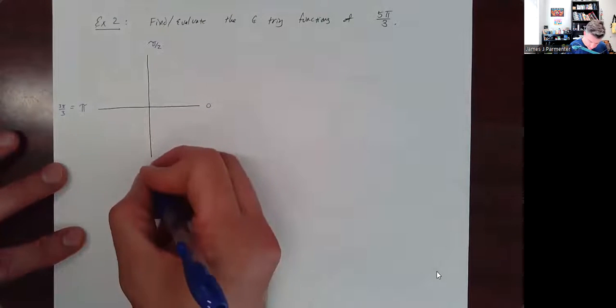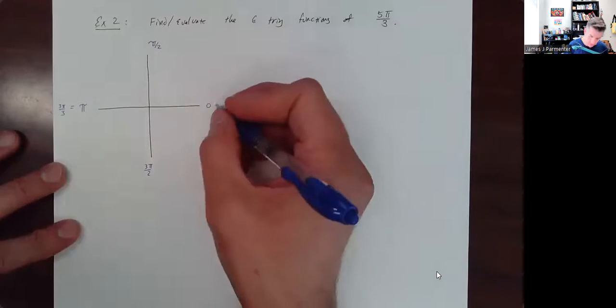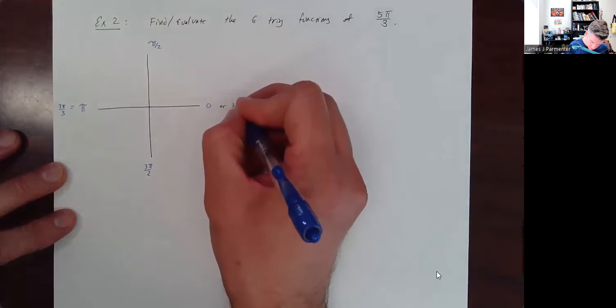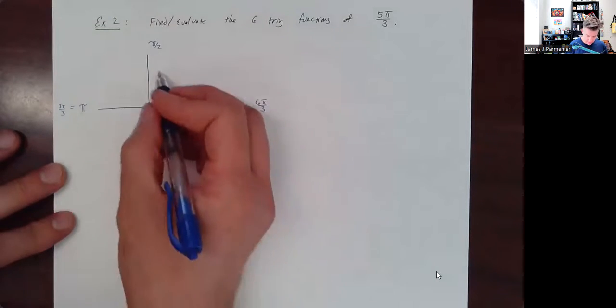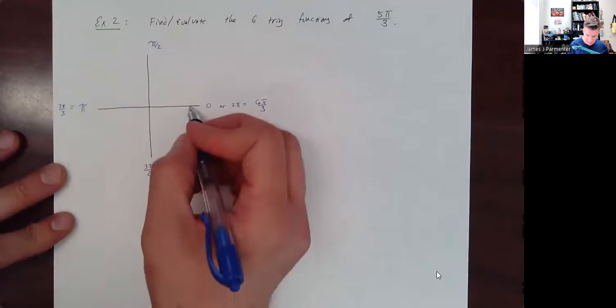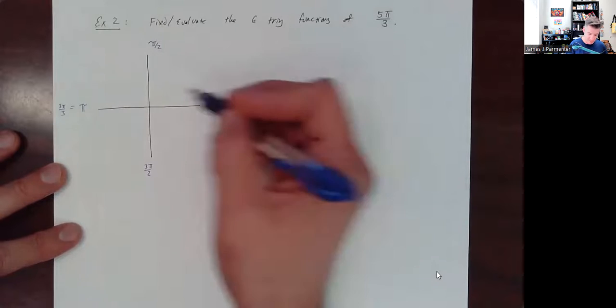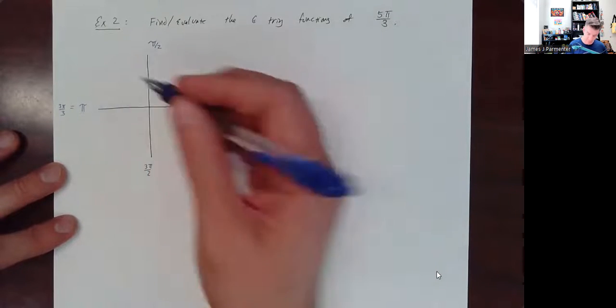And it's actually bigger than 3 pi over 2, right? Because 5 pi over 3, let me finish before I say that. This is 0 or 2 pi, but 2 pi is equal to 6 pi over 3. So if I'm going around here between 3 pi over 3 and 6 pi over 3, 5 pi over 3, well, 5 is closer to 6 than it is to 3. So 5 pi over 3 is closer to 6 pi over 3 than it is to 3 pi over 3.